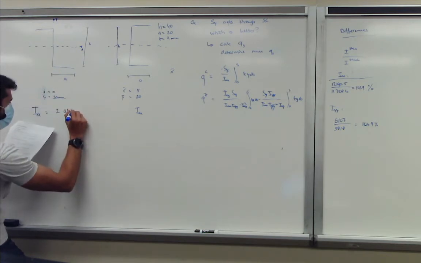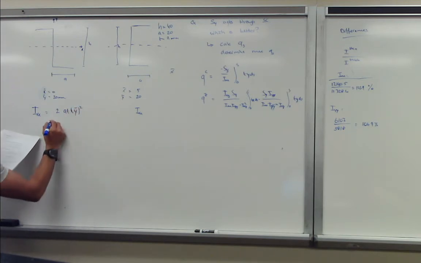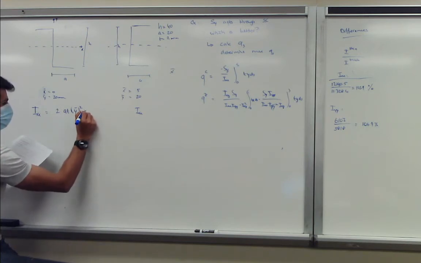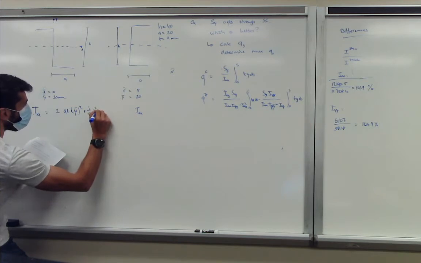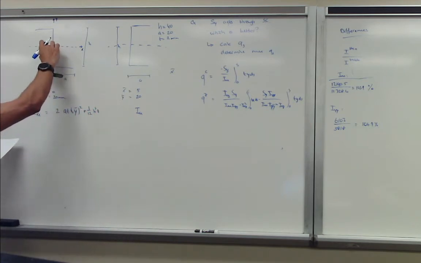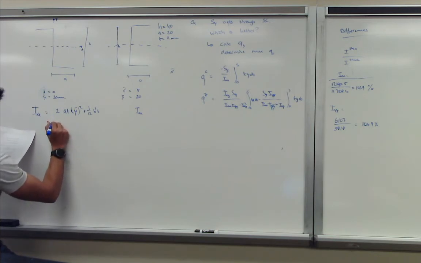So AT times Y bar squared plus 1 over 12 H cubed T. This one coincides with the centroid, so that doesn't matter. And then we get 42666.7.